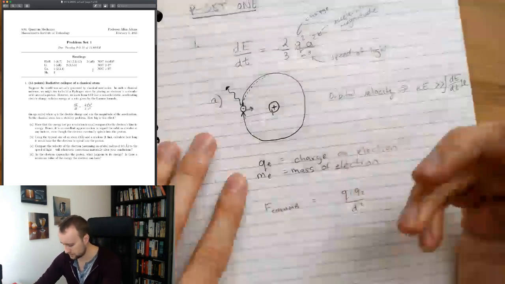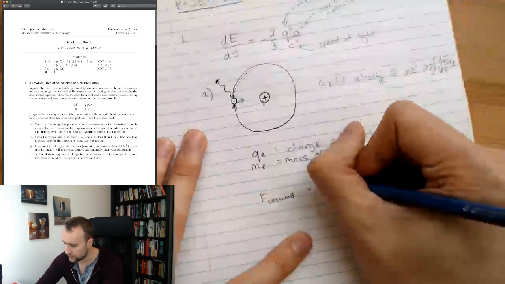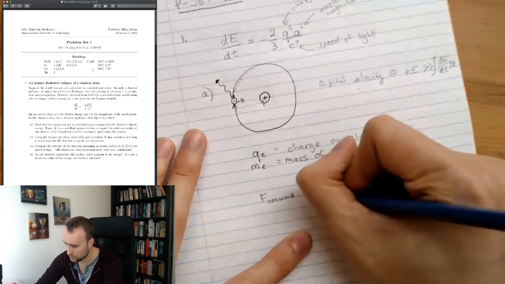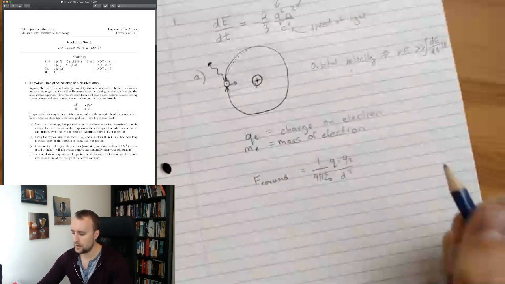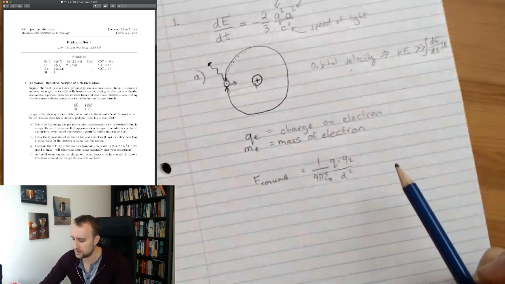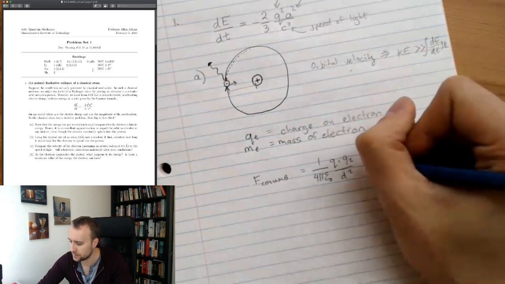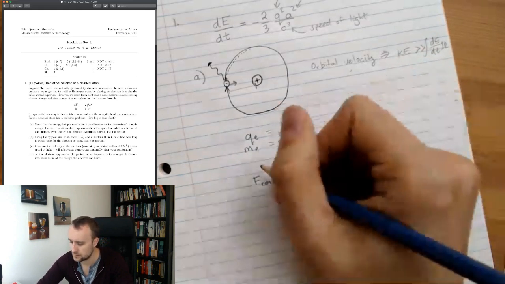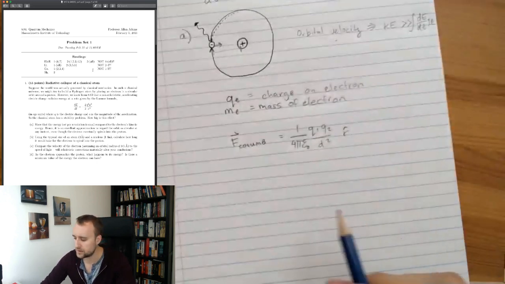I'm going to ignore this other constant right here, but basically we've got the force equal to 1 over 4 pi epsilon-naught, and this is the force it's experiencing. I should say it's in the direction of the radius, so I'll make this a vector.